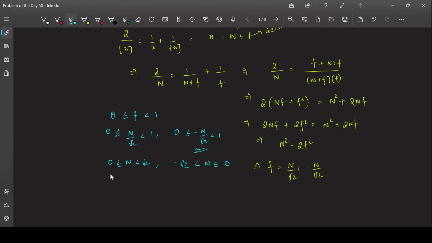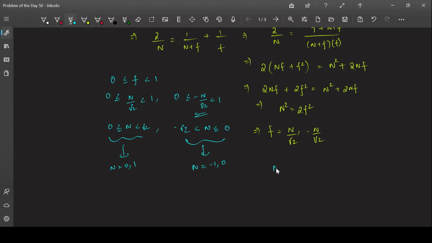So if this is the case, what could be the values of n? n could be 0 or 1, because it is an integral part and less than root 2, that is 1.4 something. So the possible values of n are 0 and 1, and in the other case the possible values of n are minus 1 and 0. So in total the possible values of n are 0, 1 and minus 1. Okay, so 3 values. Now what would be the values of f for each of them?